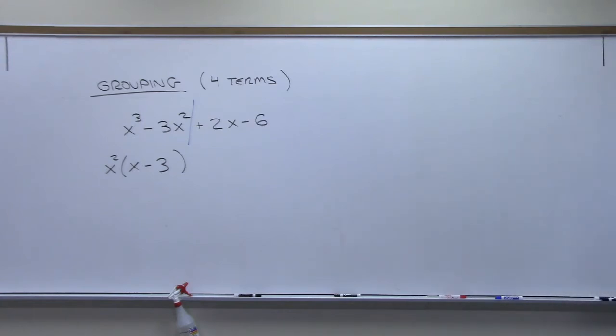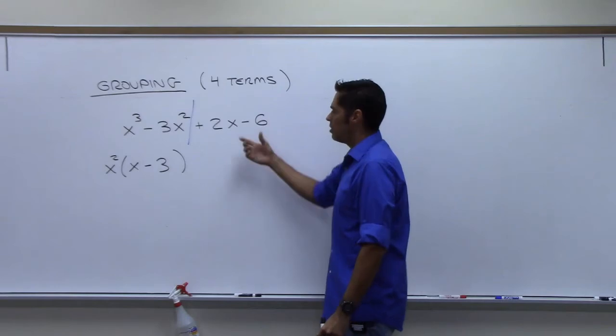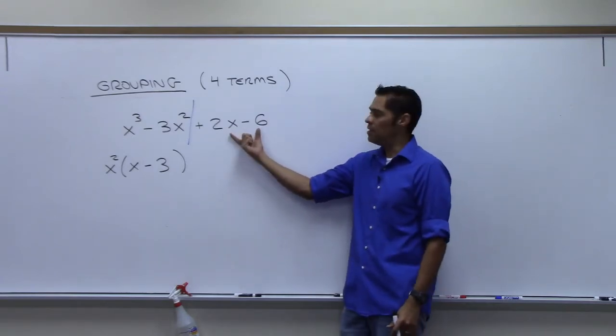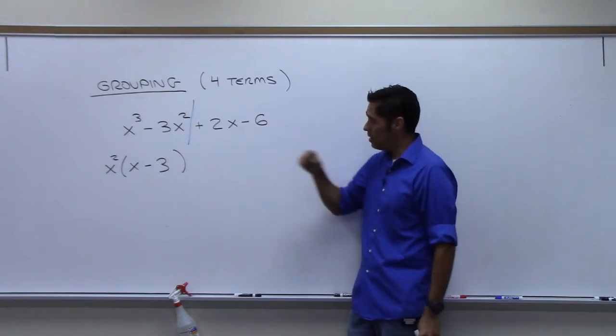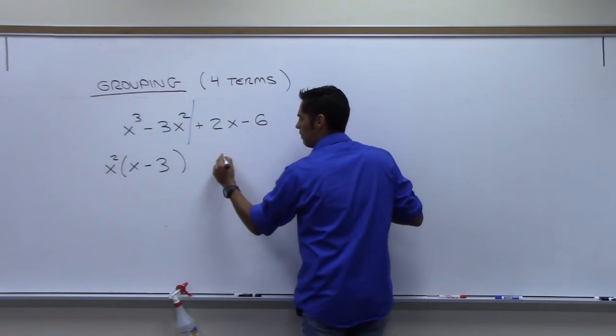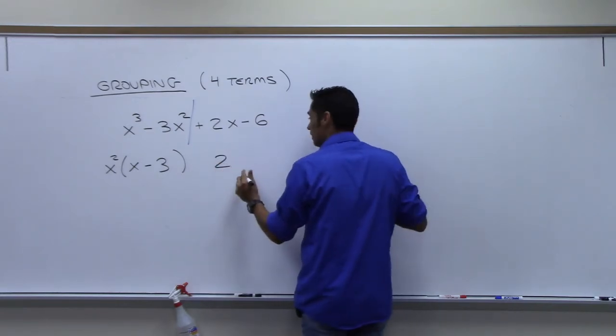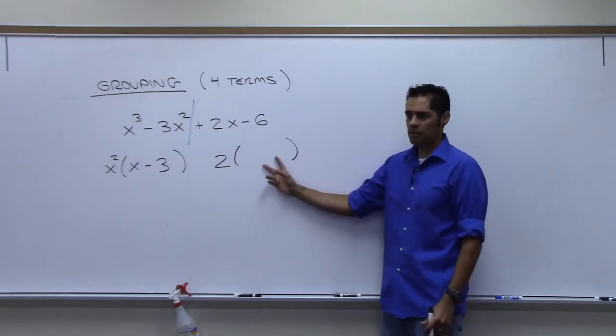The second part over here is to do the same process on these two terms. Do you have a GCF in those two terms? Yes, what is it? 2, right? 2 goes into both of these. So I'm going to leave a little space here. I'm going to put 2. And then how many terms in this parentheses? 2.